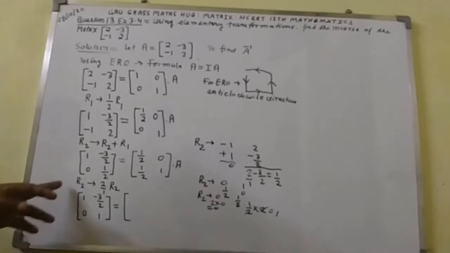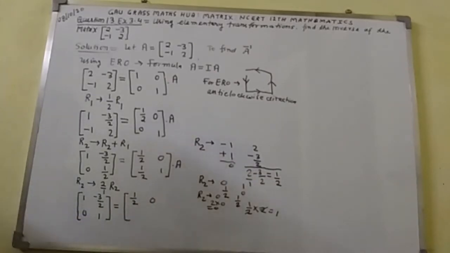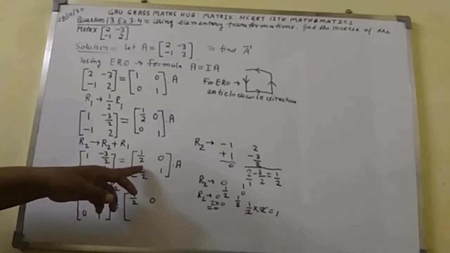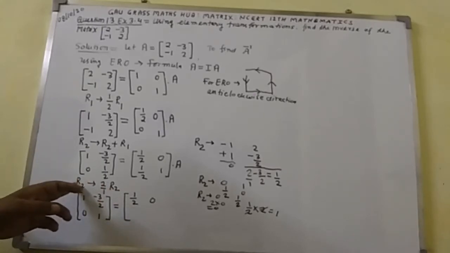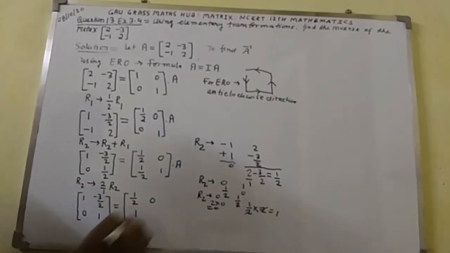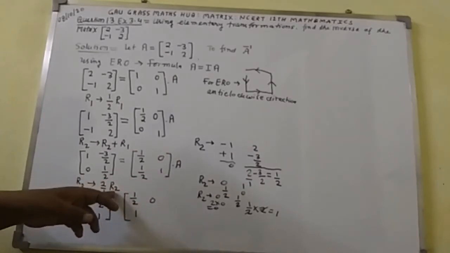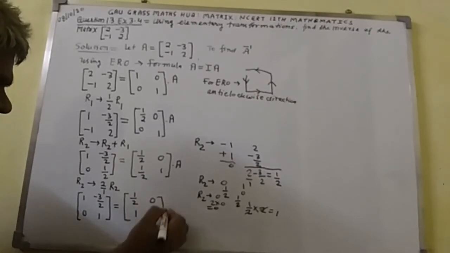And there is no change in the first row. So here I shall write the first row as it is, 1 over 2, 0. Only changes will occur in the second row. The second row: 1 over 2, here I shall write 1 over 2, 2 will be cancelled out, and we get the element here 1. And here if I take R2 equal to 1, here write 1, here you will get 2. Dot A it will become.